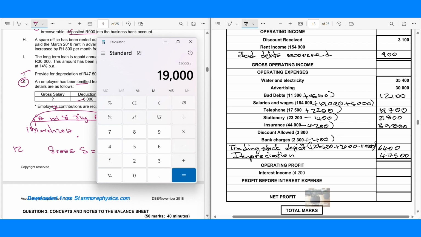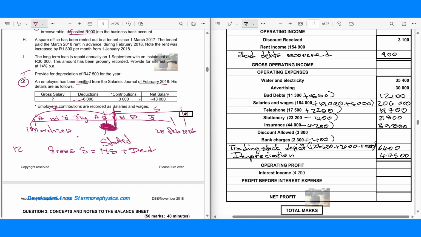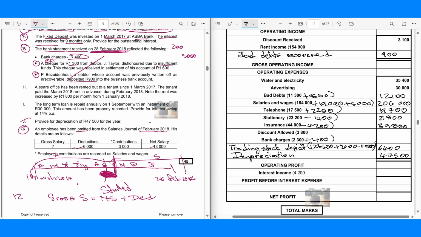Plus 184,000 plus 3,000. We are going to get this 206,000 here. So we are done. Now we go to the other one. So we are done with this part here.